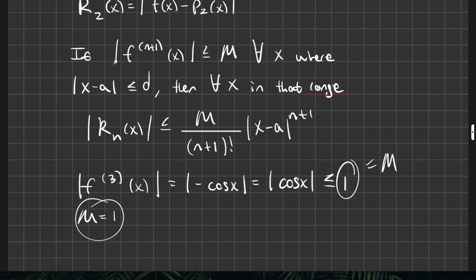Okay. Now we need to find out what this lowercase d is. So we want to choose d such that the entire interval, which in this case is 0 to pi over 3, lies within this inequality that we have.